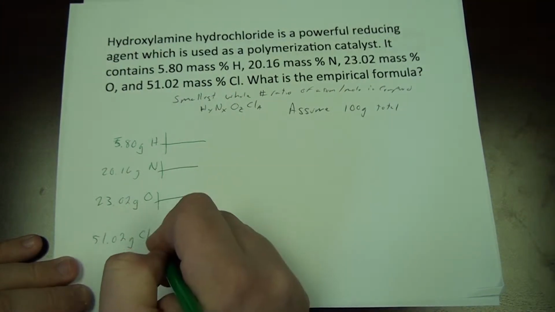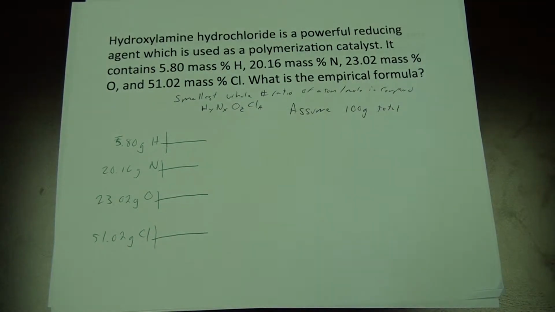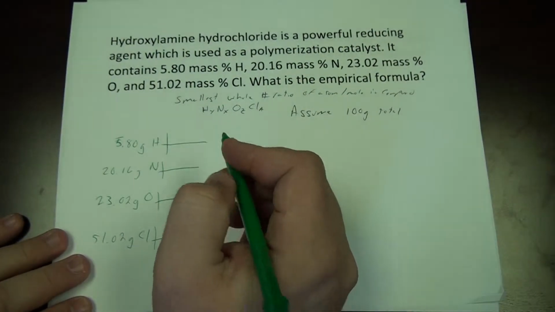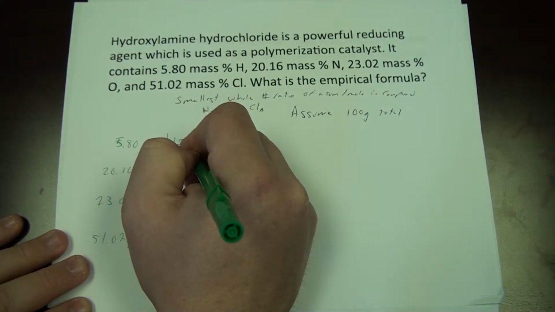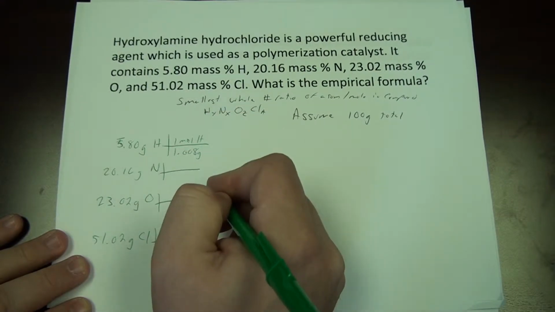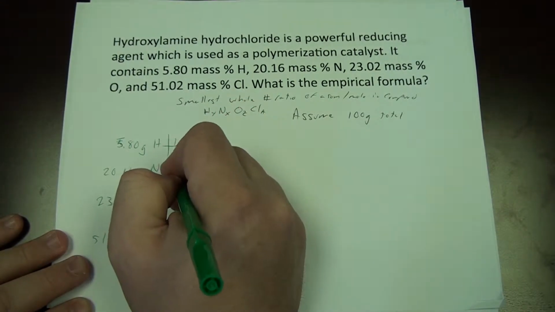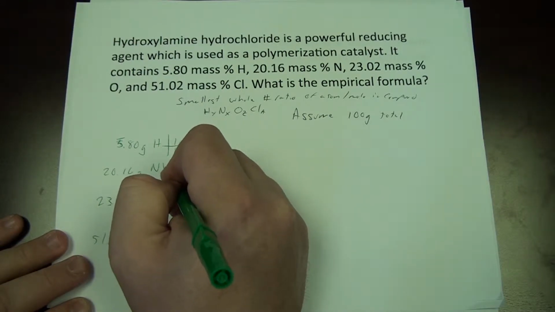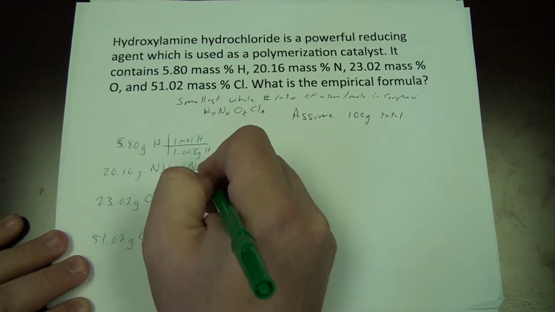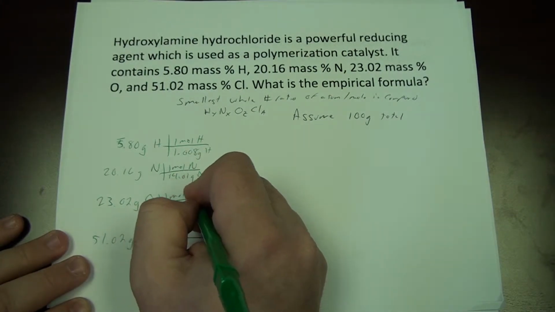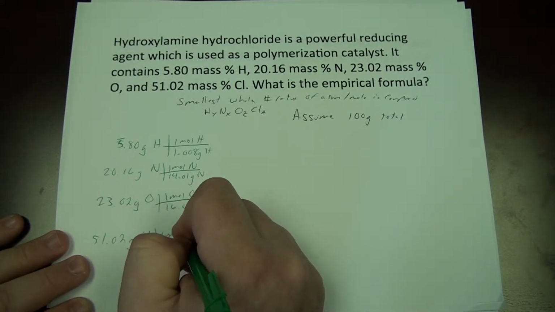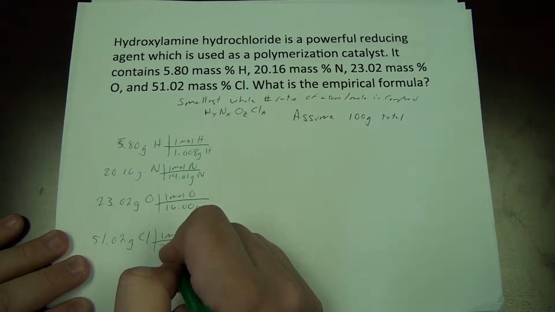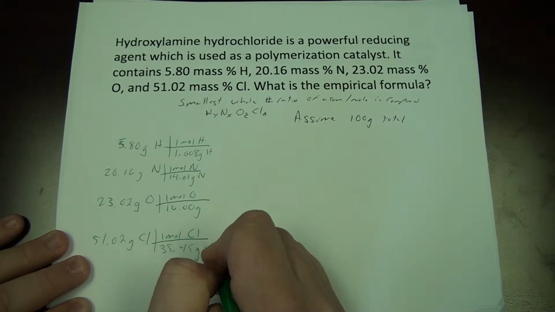We want to convert from mass to moles, so we have to use the atomic mass for each one, and we see from the periodic table that 1 mole of hydrogen has a mass of 1.008 grams. 1 mole of nitrogen has a mass of 14.01 grams. 1 mole of oxygen has 16.00 grams. And 1 mole of chlorine has 35.45 grams of mass.